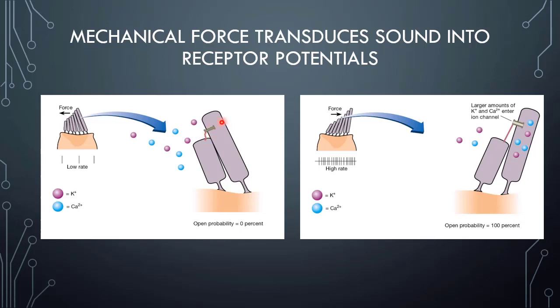So when they bend from tallest to smallest, then that actually creates slack in this tip link, and the channel is closed, and that'll create very little neurotransmitter release and a low rate of firing. Whereas when they bend towards the taller of the two, then it causes this tip link to become taut, and it opens up this channel here and causes a higher rate of firing.